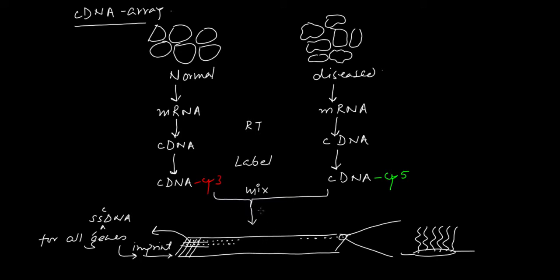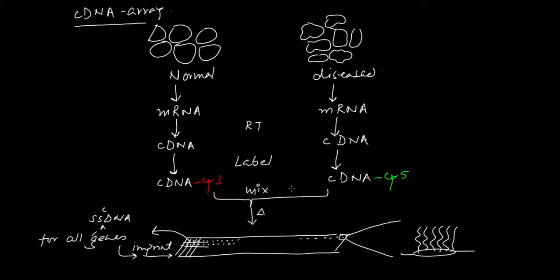So how do we hybridize this? This will not hybridize because it is double stranded cDNA. So we need to heat at some temperature to denature this DNA, whatever the temperature, 80 degrees, 90 degrees, so that it becomes single stranded. Until it is single stranded and the temperature is high, these two samples will not cross hybridize with each other.